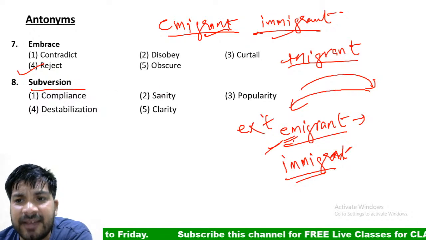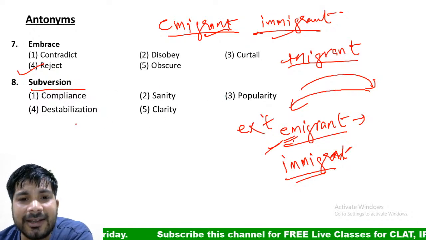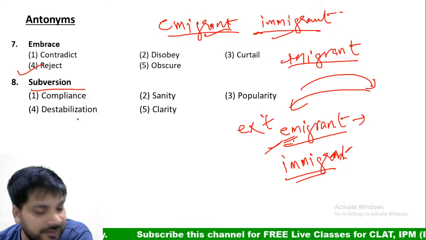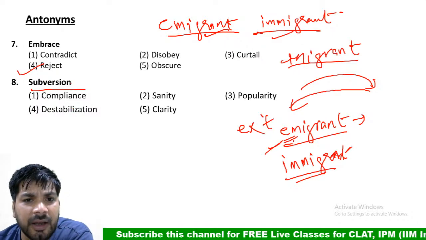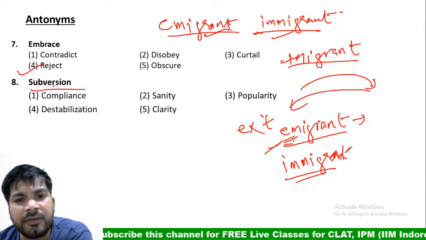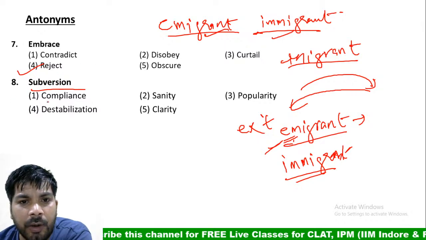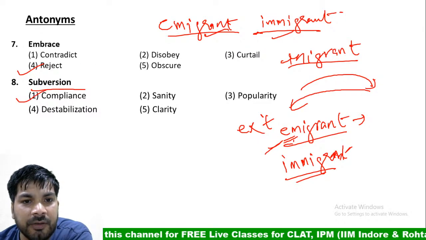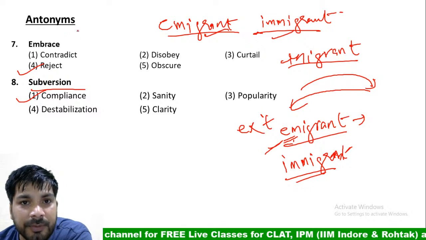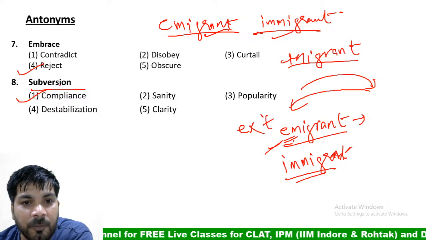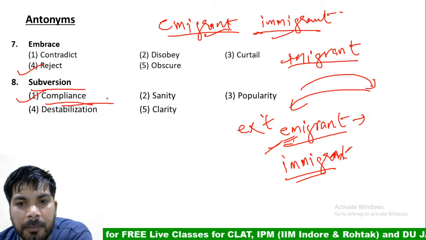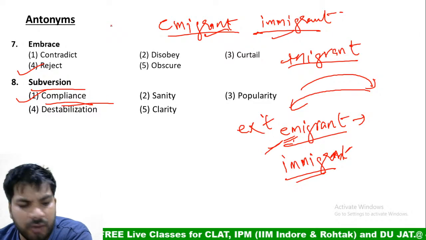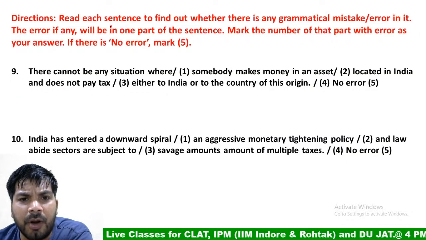So compliance, sanity, popularity, clarity and destabilization. So eighth का क्या हो जाएगा? Subversion means to get away from something, and compliance means to be with something. So I think first is the right answer. That should be acting as an antonym to it. So subversion antonym should be compliance to something. All right, easy word, not much of a problem.